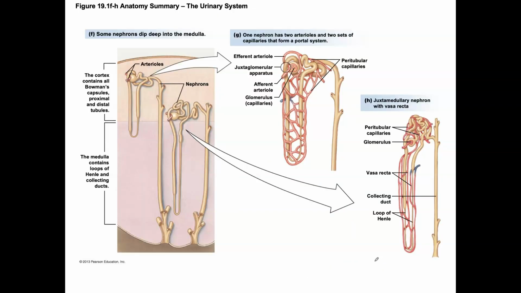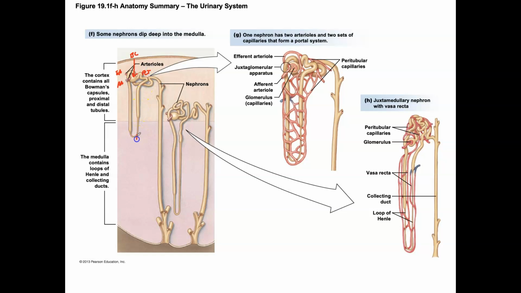So let's zoom in on that. On this diagram, you can see, again, the afferent arteriole. The vessel leaving is the efferent arteriole. Then we have the Bowman's capsule, also called the glomerular capsule. Connected to that is the proximal convoluted tubule.